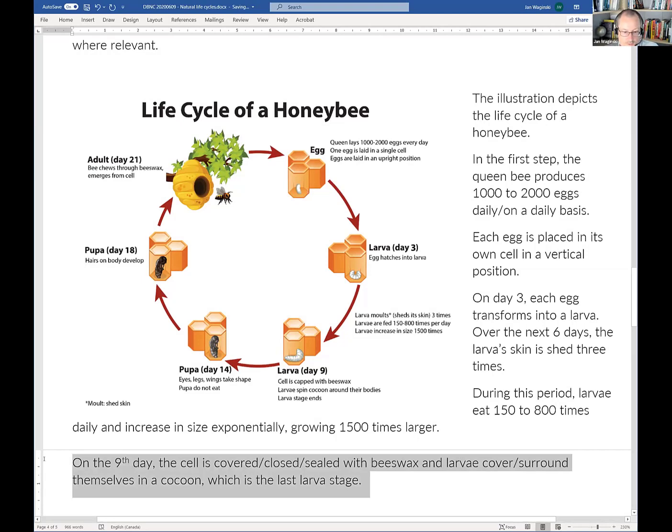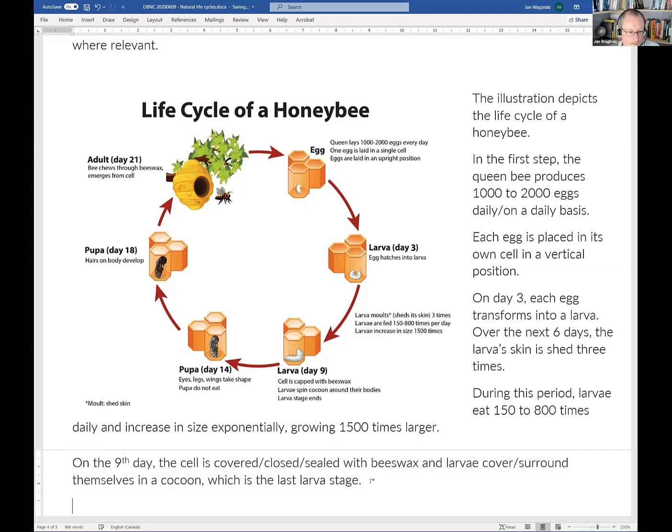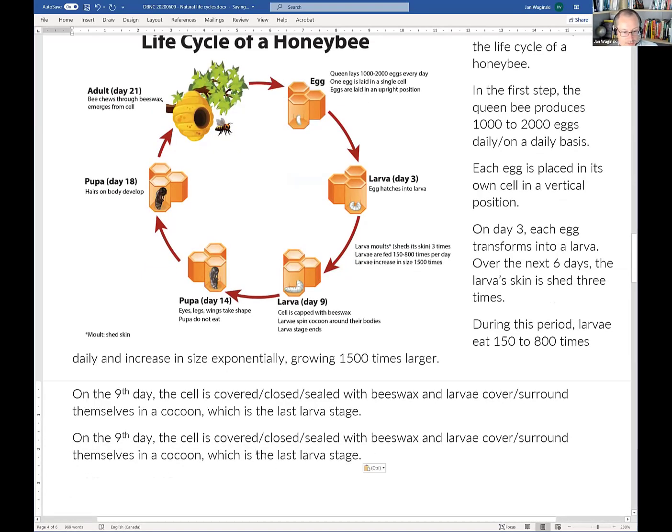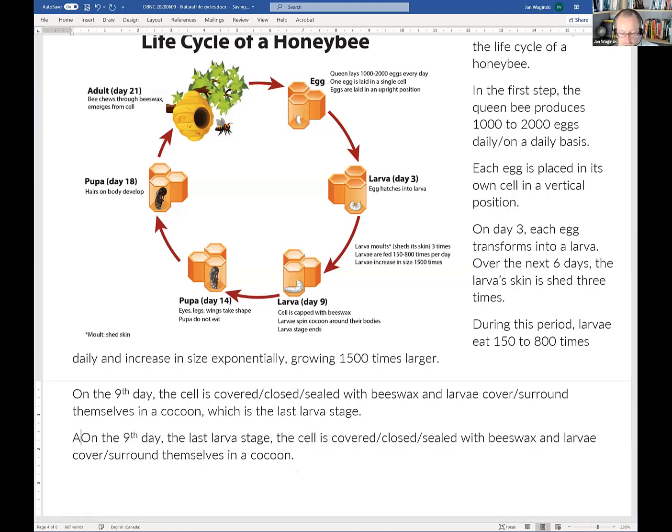Another way you could do this one, now we haven't talked about appositives in a little while, but where else could you put this? Maybe on the ninth, and the final larva stage, or the last. You just put it right here. For those who don't remember, it's called an appositive.